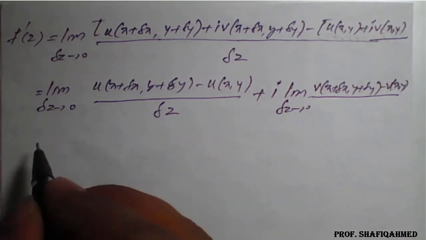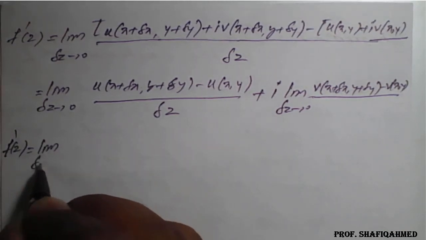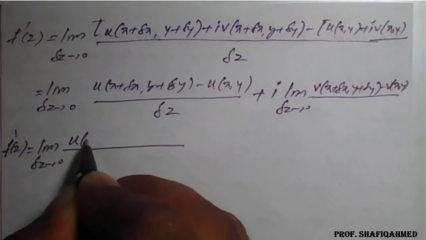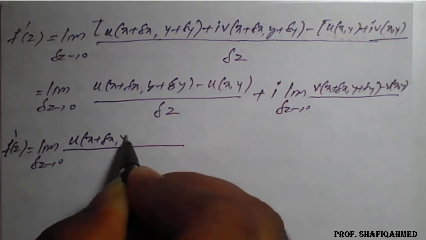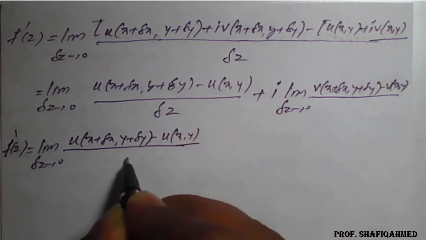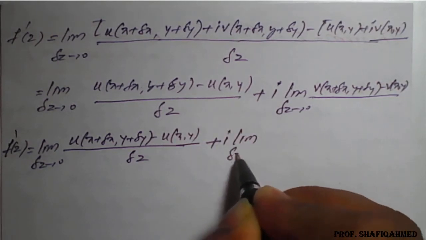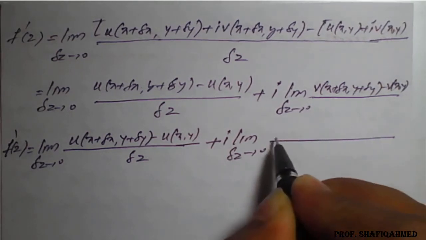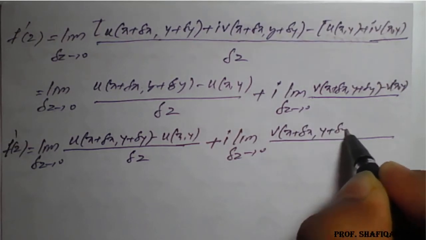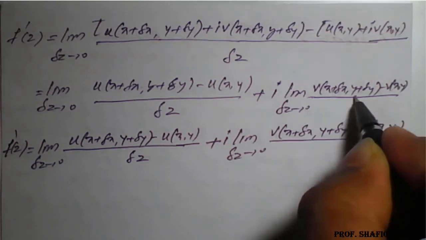So these things I will rearrange. I will write once again. So f dash of z is equal to limit delta z tends to 0, u of x plus delta x comma y plus delta y minus u of x comma y divided by delta z, plus I times limit delta z tends to 0, v of x plus delta x, y plus delta y minus v of x comma y divided by delta z.